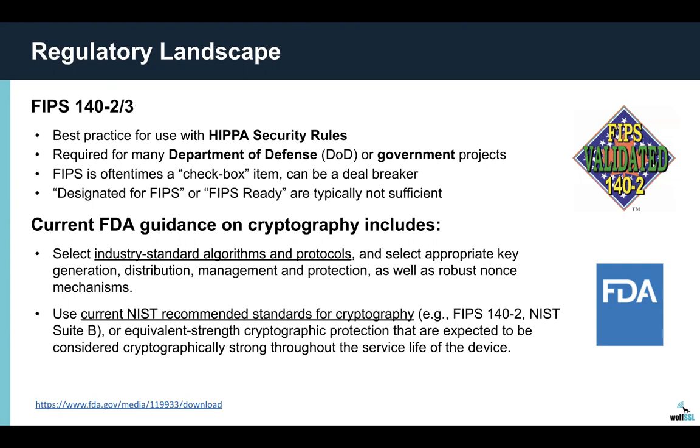So the takeaway there is to be using modern industry standard protocols instead of legacy protocols or algorithms that are broken or have been found vulnerable. The second item here is to use current NIST recommended standards for cryptography. For example, FIPS 140-2 or NIST Suite B or equivalent strength cryptographic protection. And so that's where the FIPS would come into the picture as far as the FDA guidance is concerned in this case.